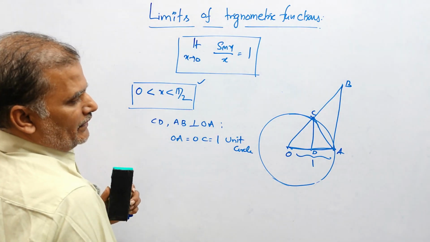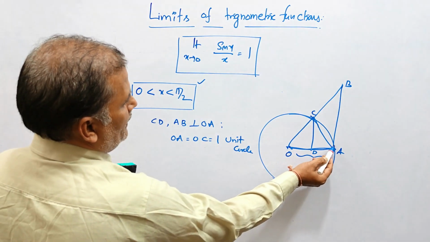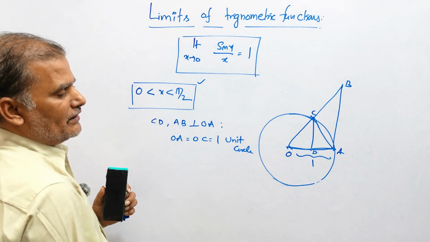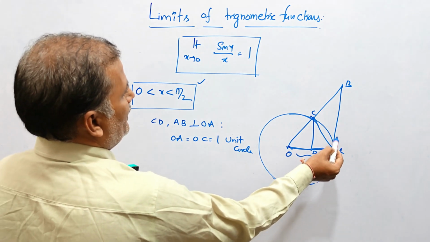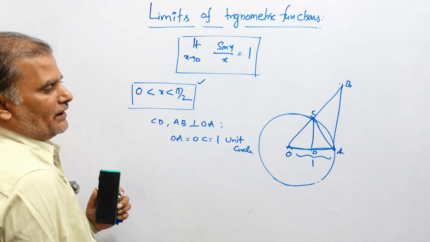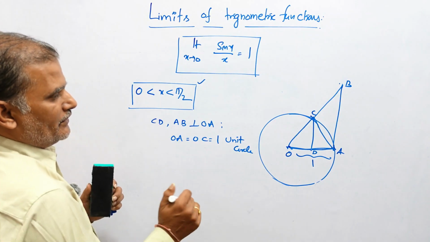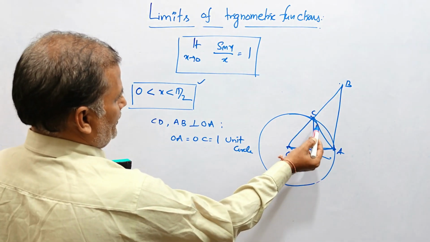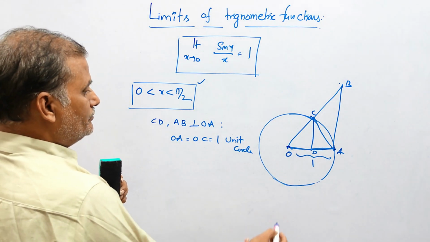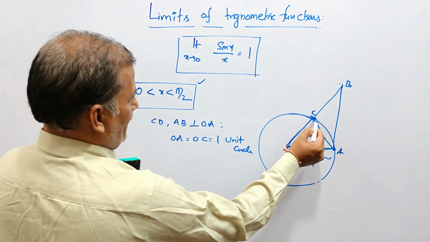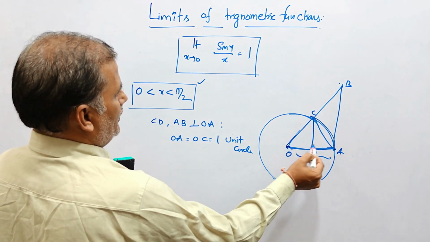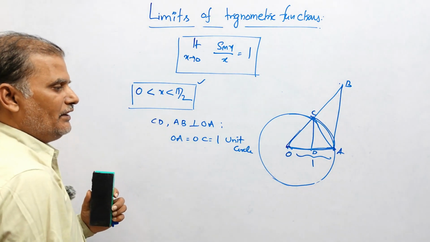OAC is one of the triangles and OAC is a sector, and again OAB is another triangle. Here in this diagram, three figures we obtained. One is triangle OAC, second is sector OAC, and OAB is another triangle.